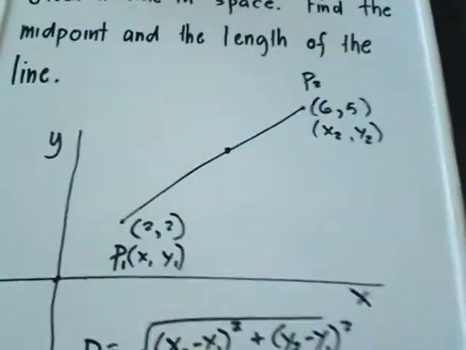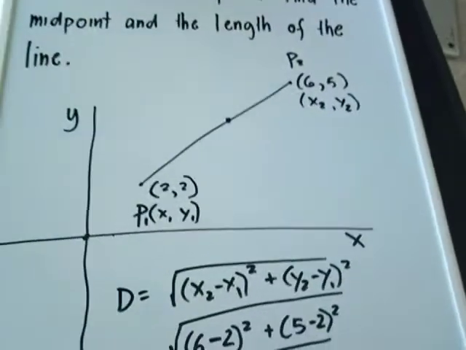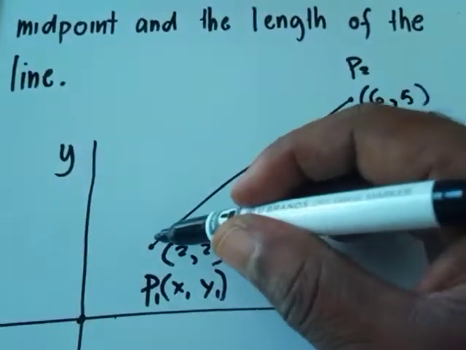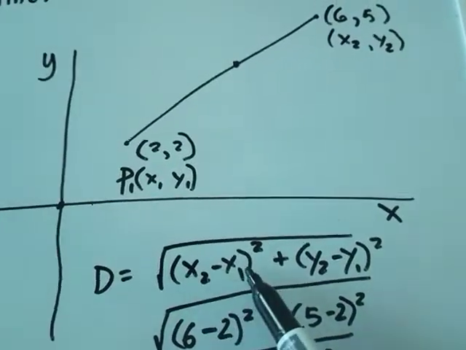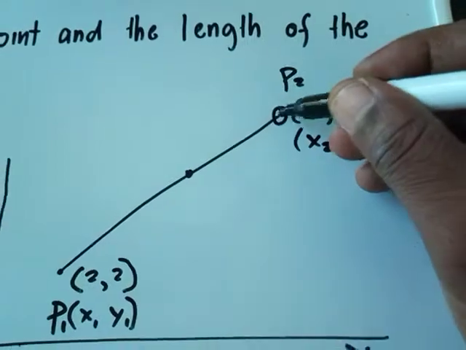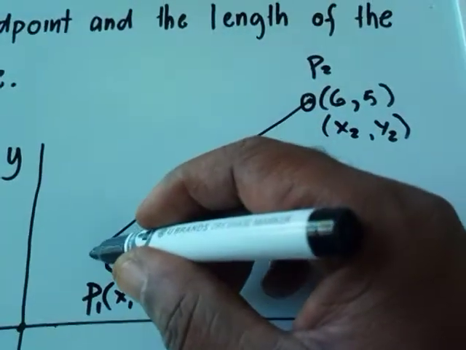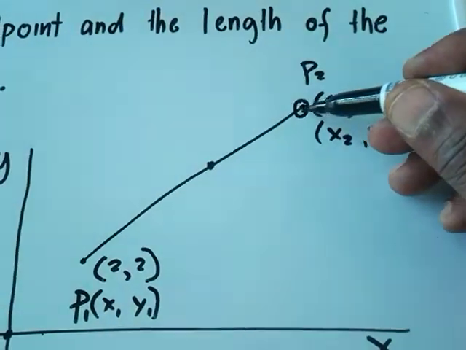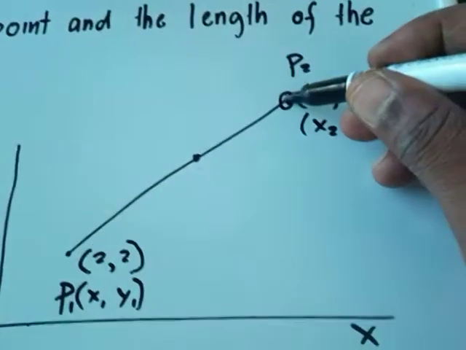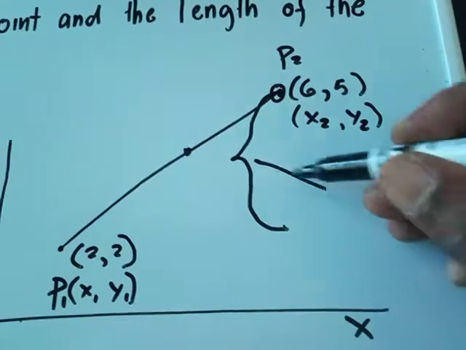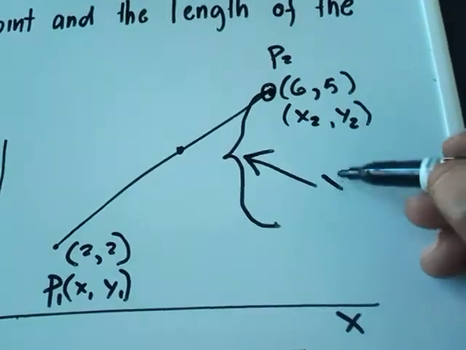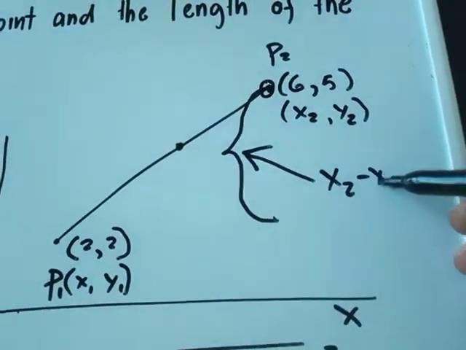What we have done, in terms of our reference to the Pythagorean theorem, with the distance formula, it says x2 minus x1. That means this height minus this height. That's a measurement of this distance. That is x2 minus x1.